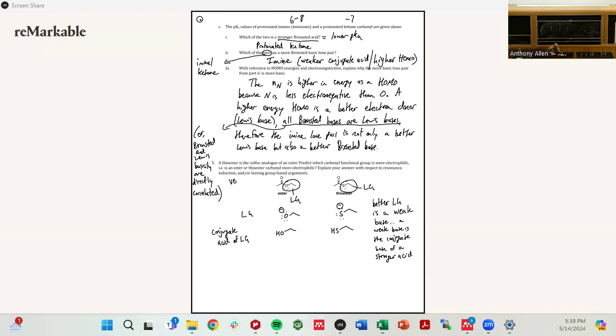This is a very important question, by the way, hypothetically speaking. The concepts in this question might show up on an exam given on a Thursday this week. The pKa of these is what? So that's going to be about 17. This is about 10.5. So which is the stronger acid? Yep, stronger acid. Therefore, weaker what?